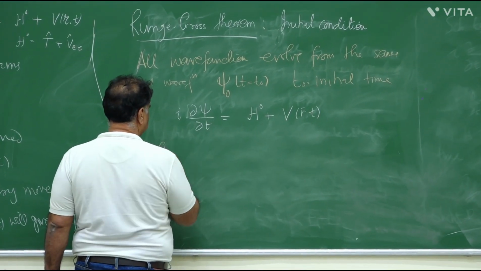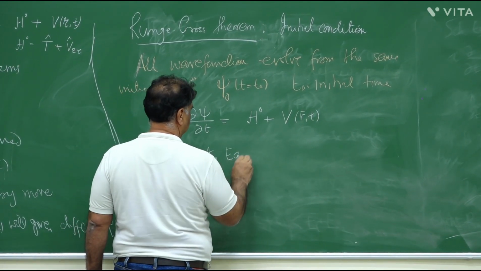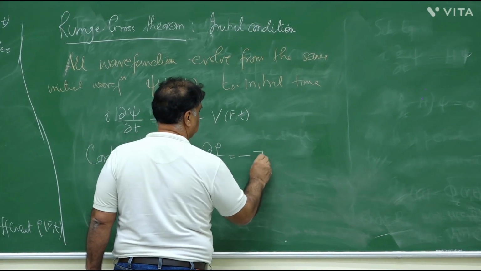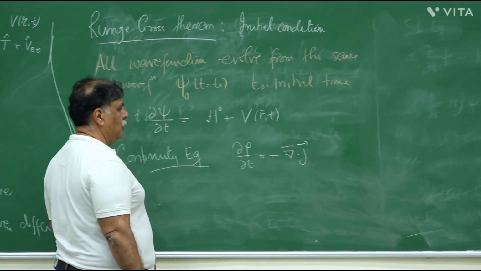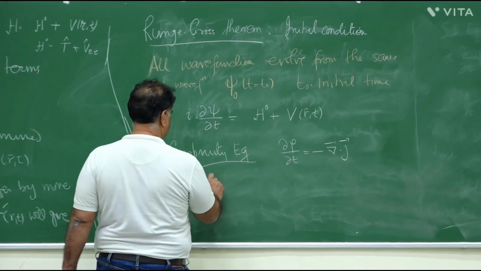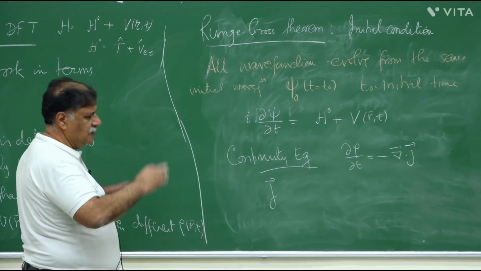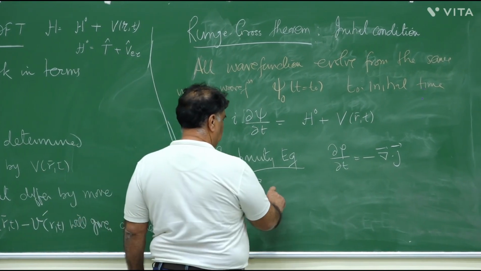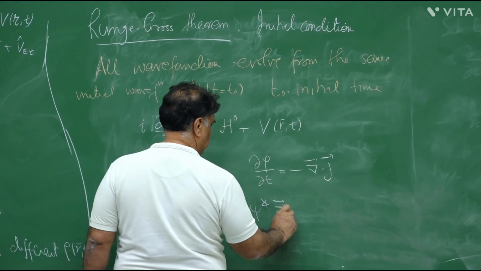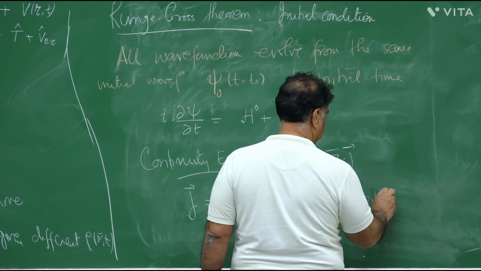So what we are going to use is the continuity equation. It says that d rho/dt is equal to minus del dot j, where j is the current density. It means j is the sum over i of 1 over 2i, psi star del psi minus psi del psi star.